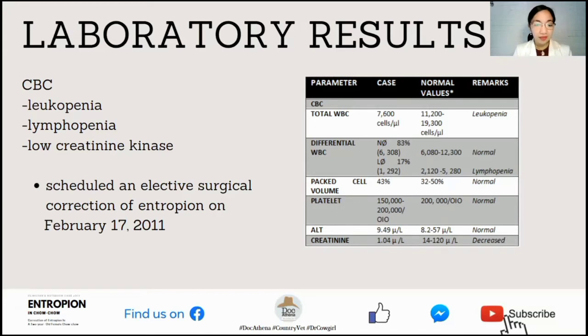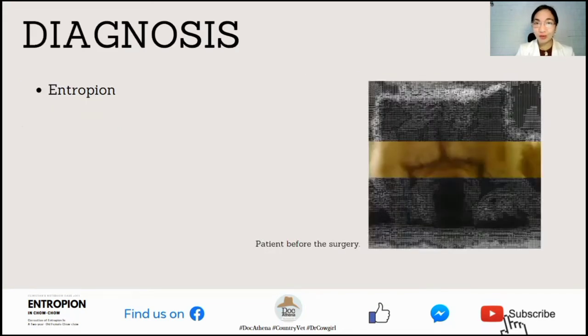For blood chem, ALT was normal, but creatinine was decreased or there was a low creatinine kinase. As such, the patient was then scheduled for elective surgical correction of entropion on February 17, 2011. Diagnosis for this particular case, as obvious, was entropion.